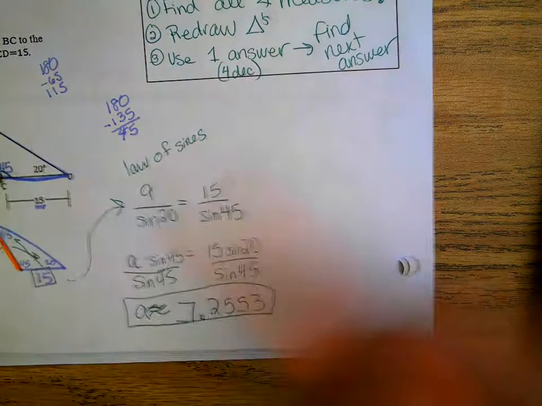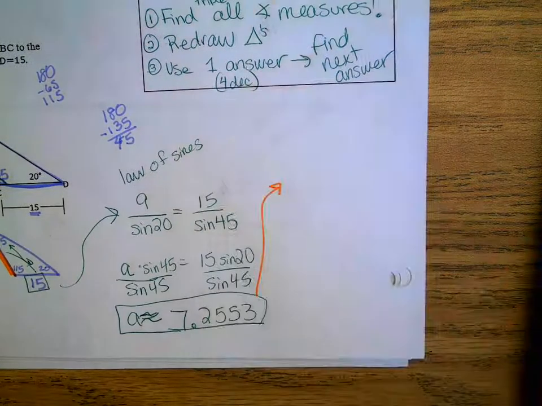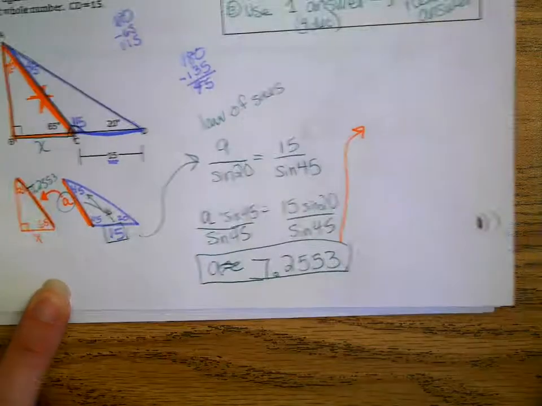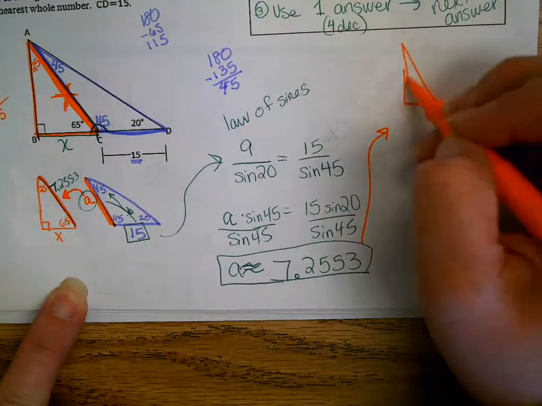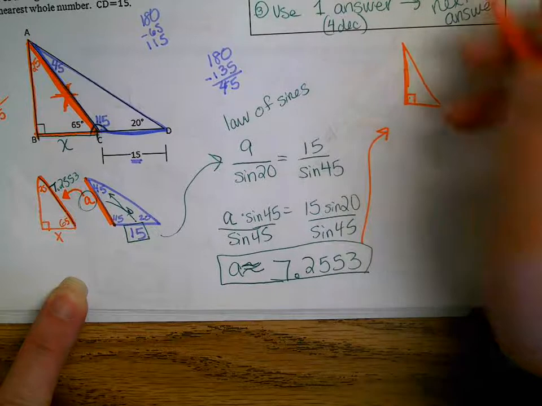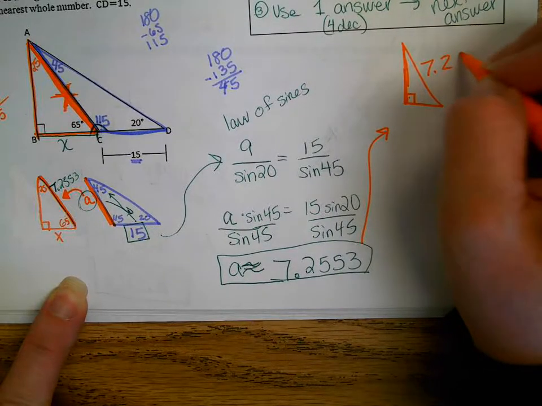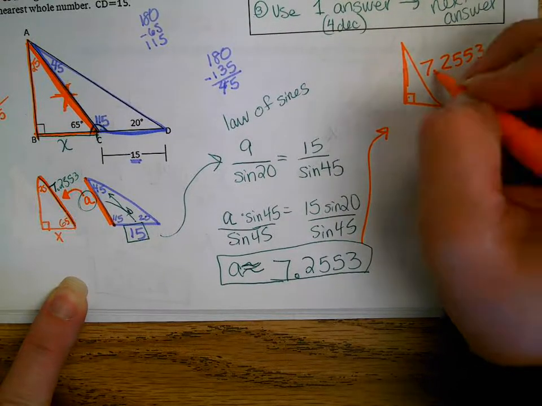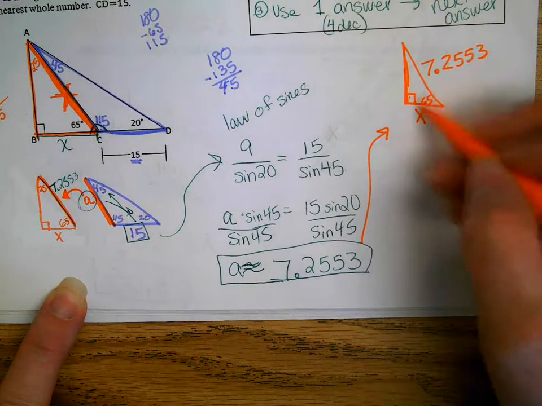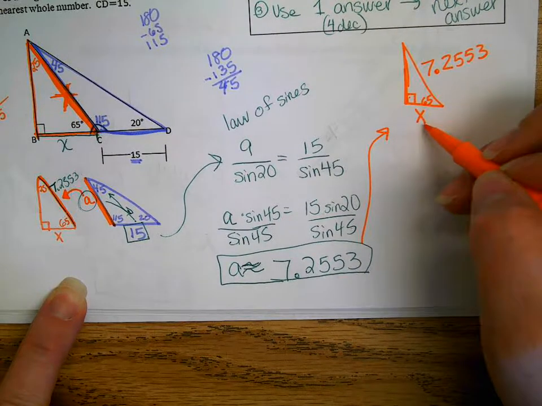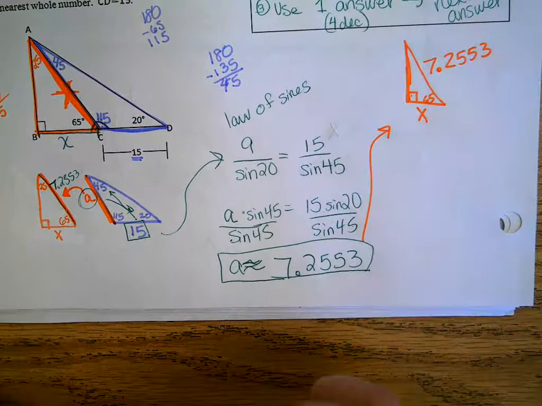Now we're going to use that answer in the orange triangle. Okay. So if you want to redraw one more time, just that visual of a person, for explaining purposes, if we're trying to find side X, and the angle between us is 65 degrees, we have the adjacent side and we have the hypotenuse.